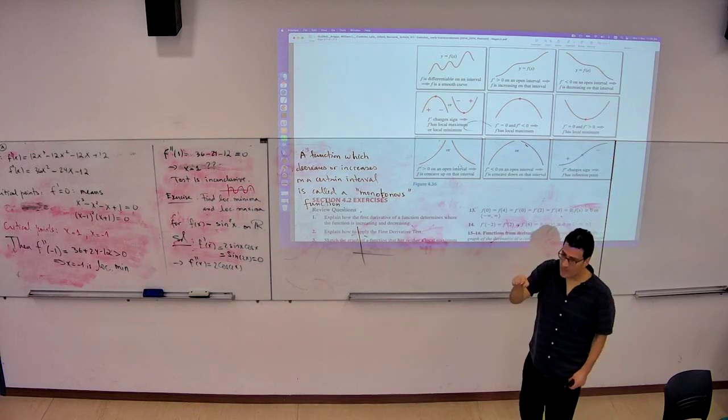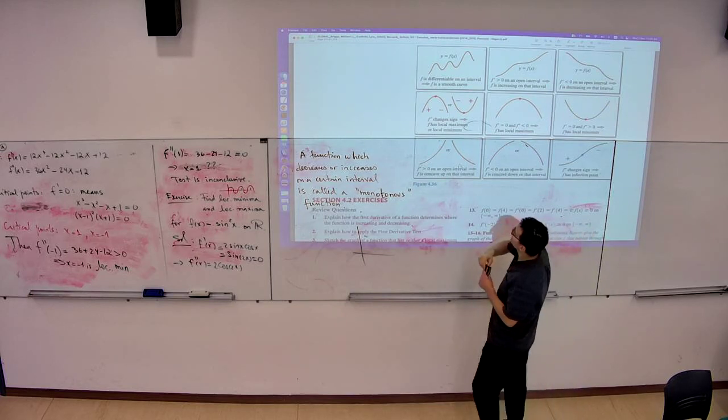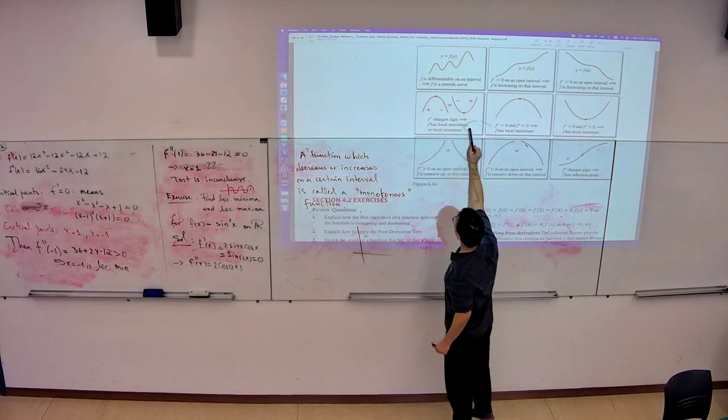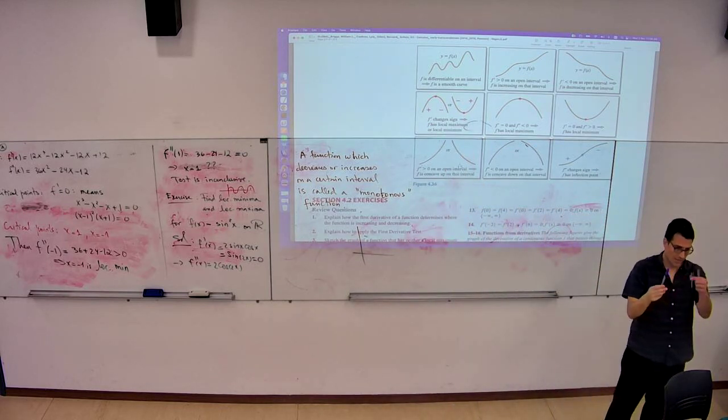Now, when f prime changes sign, that's the first theorem we visited today. When f prime changes sign, f has a local maximum or a local minimum. So if before hitting a critical point the first derivative is positive, and then past that point the first derivative is negative, you have a local max. Okay, and vice versa.